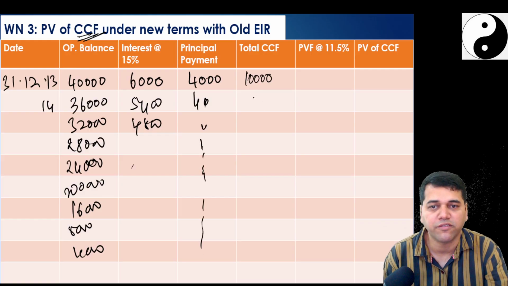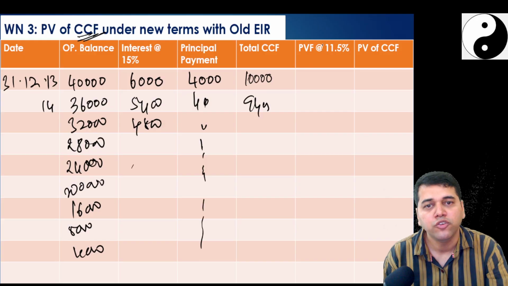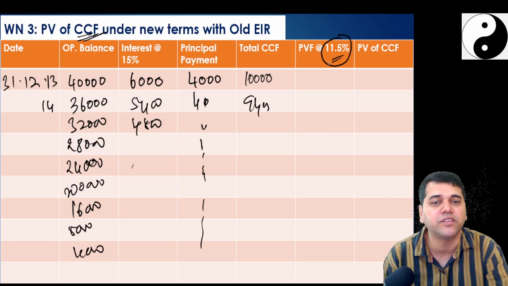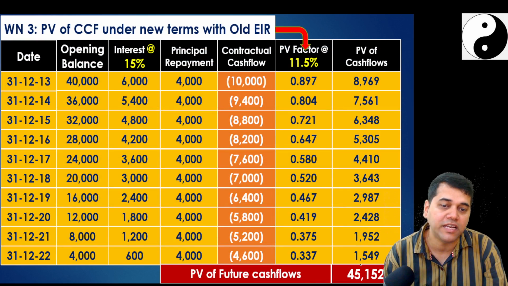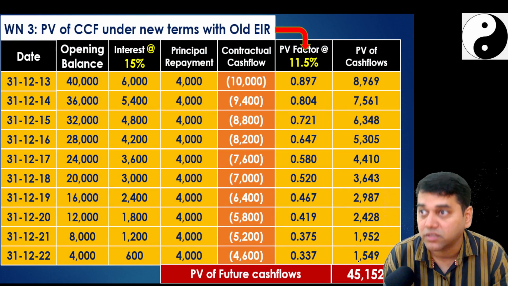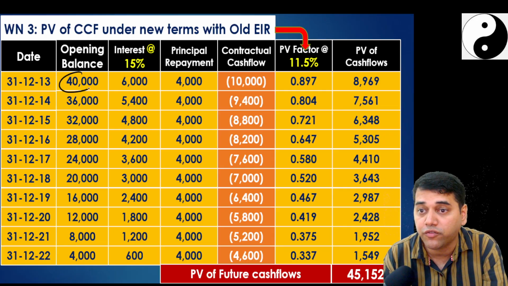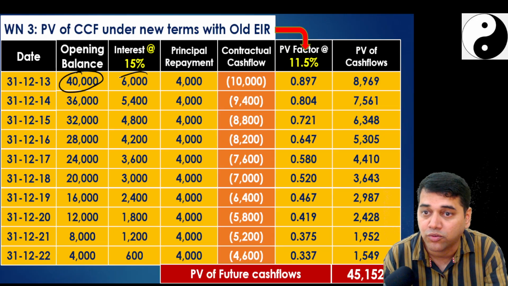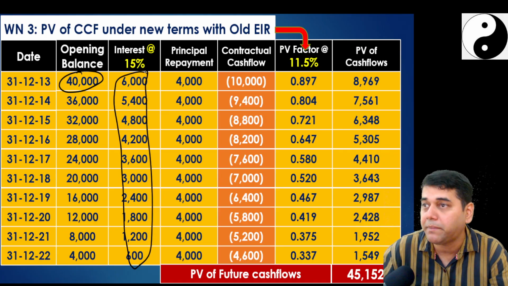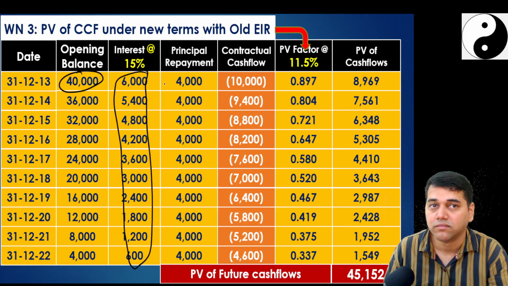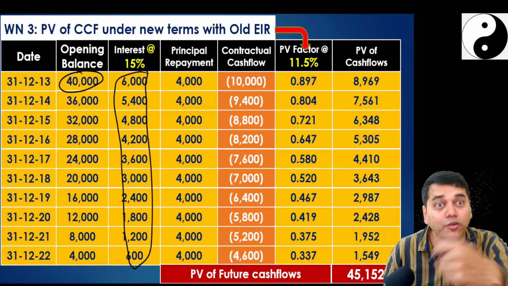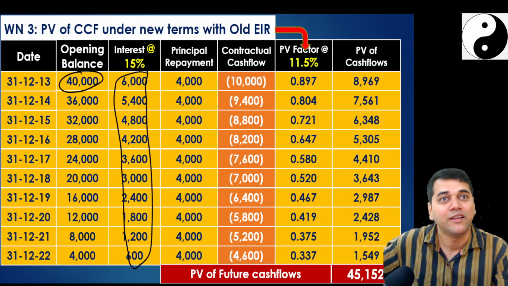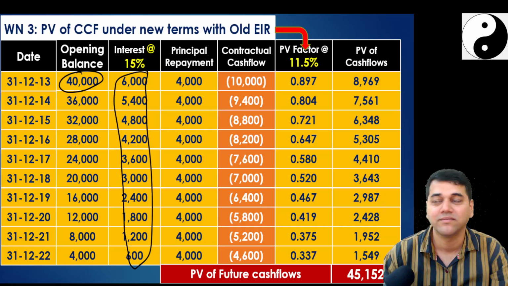Cash flows also you can find one pattern, 9,400. You discount with 11.5% because this was the EIR rate, not the loan rate, and you find the present value of the new terms of the cash flow. This is what you actually pay to that bank, which differs from what you have accounted. That comes next now. What is the book value? Then you should tell me, sir, it is 40 plus 153.